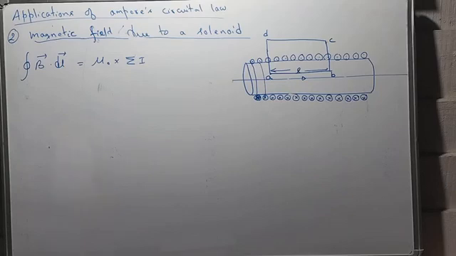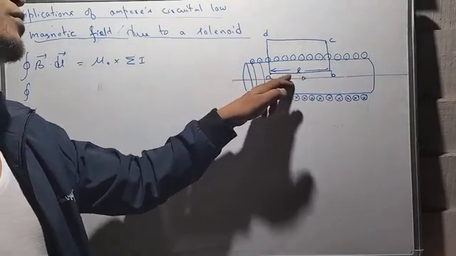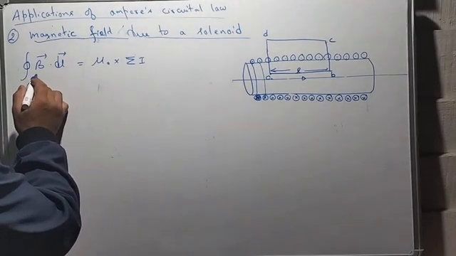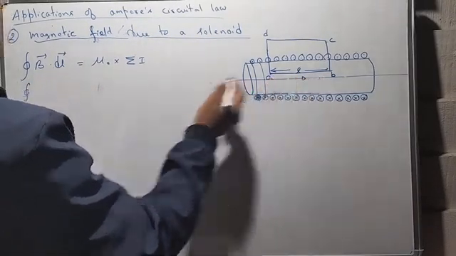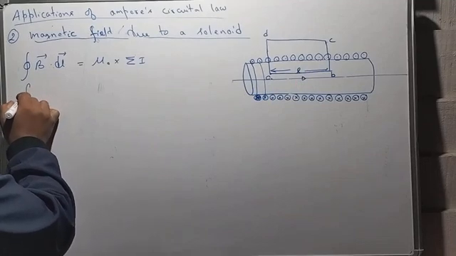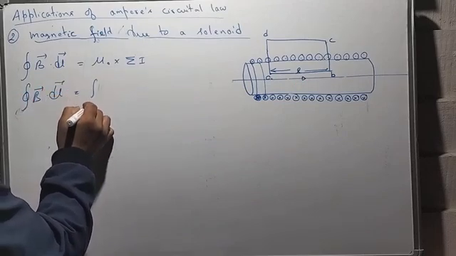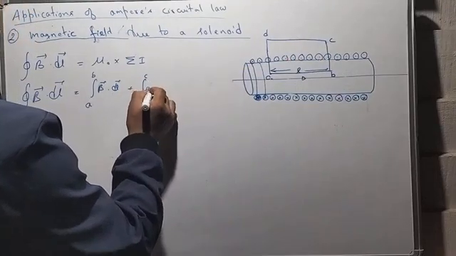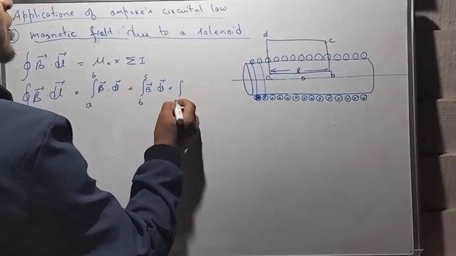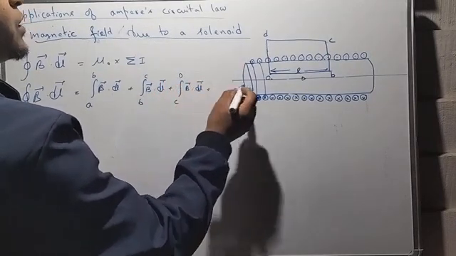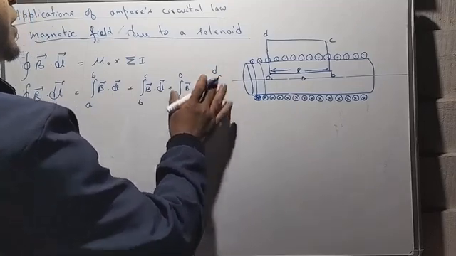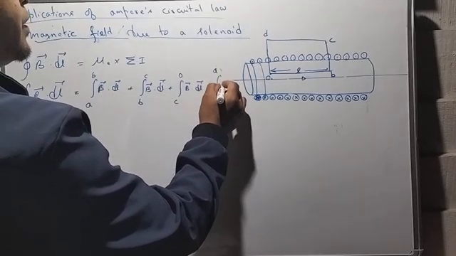Now this line integral B dot dl over the closed loop ABCD, I can split into four parts: the integral from A to B of B dot dl, plus the integral from B to C of B dot dl, plus the integral from C to D of B dot dl, plus the integral from D to A of B dot dl.